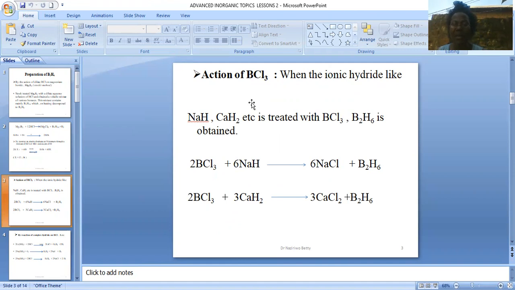When an ionic hydride, like sodium hydride or calcium hydride, is treated with boron chloride, it results in the formation of diborane. An illustrative equation is given below. Even if we use calcium hydride, it results in the formation of diborane.